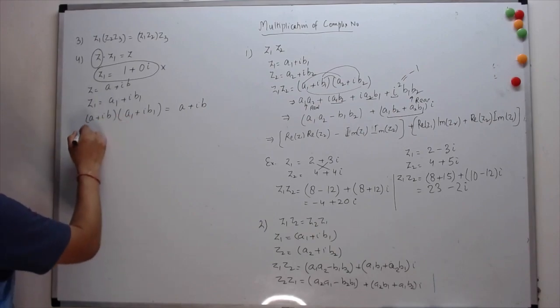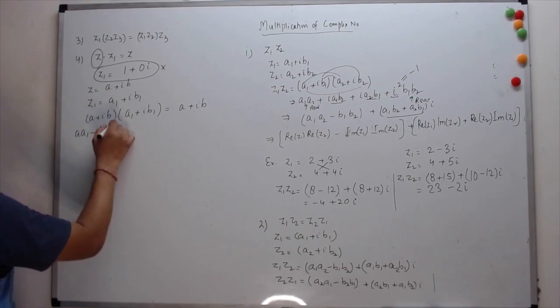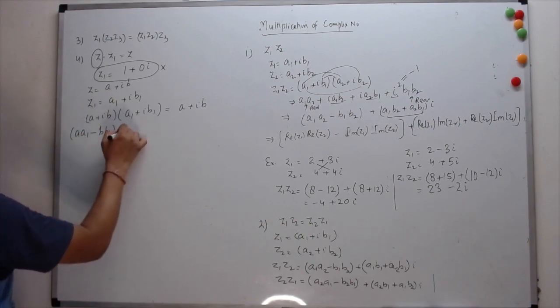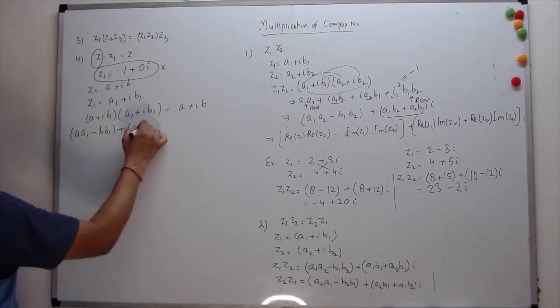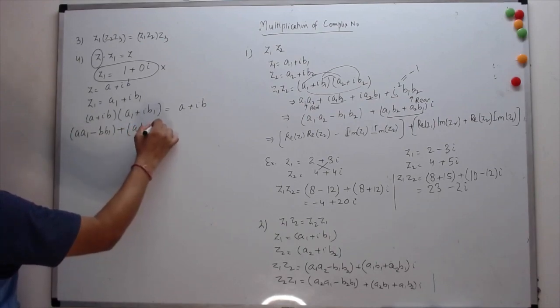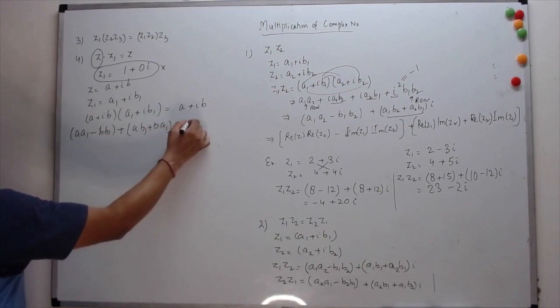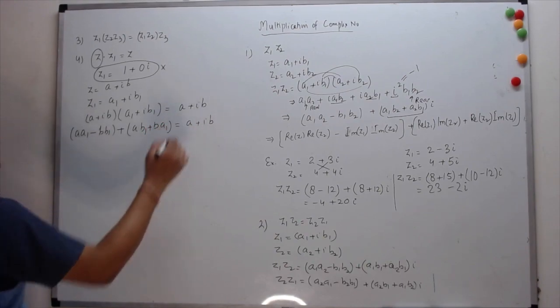So if you do this product, what you get is a times a1 minus b times b1 plus a b1 plus b a1 equals a plus I times b.